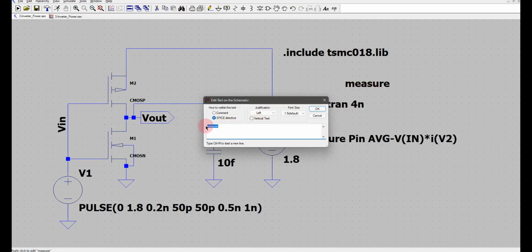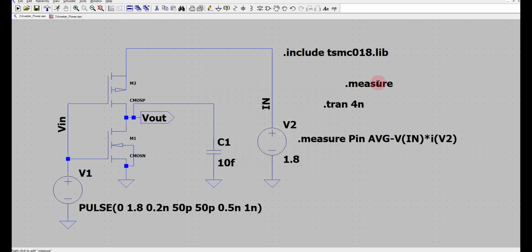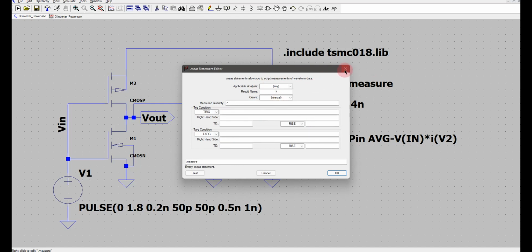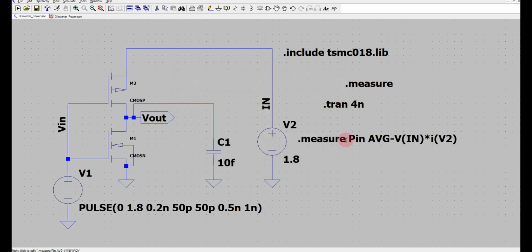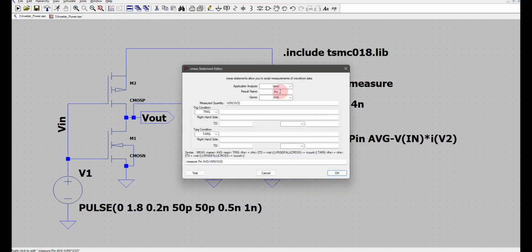Sorry, it has to be dot measure. Then I right click it, and I will get this window. Here I am talking about average, so I am giving a result name, power. I can give some name. This is average, and measured is V in into I in.